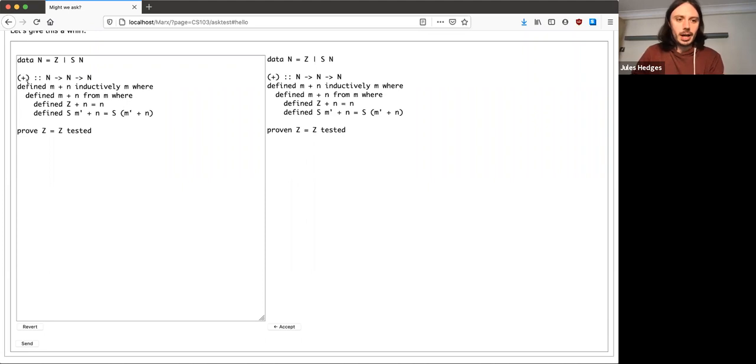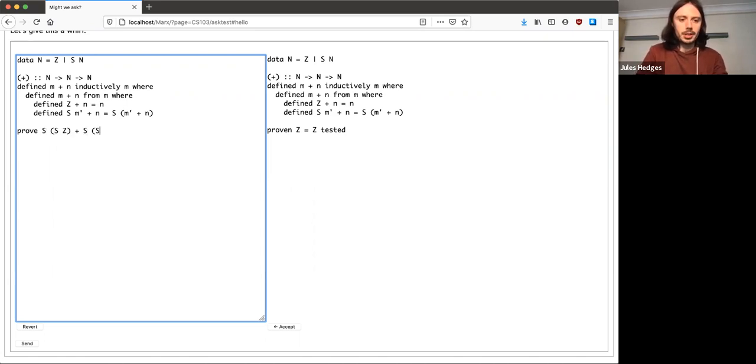So here we have plus. This is a program. So this is the addition function on natural numbers.